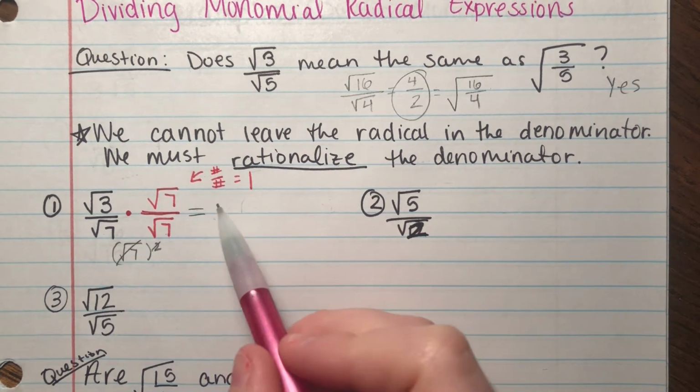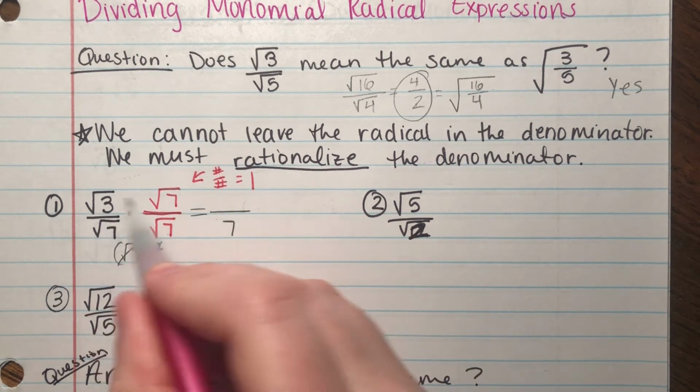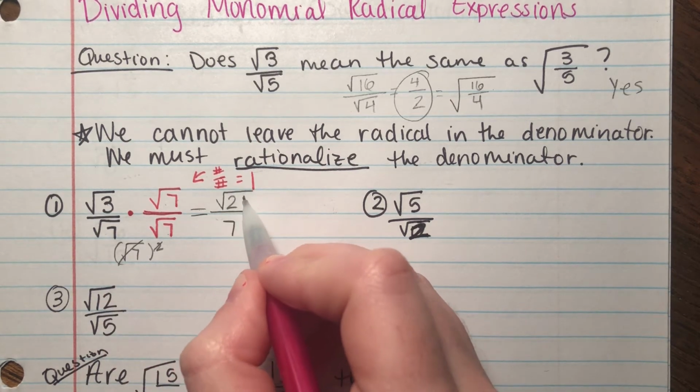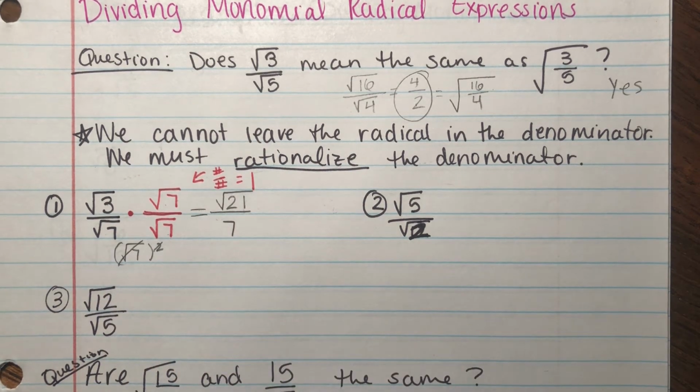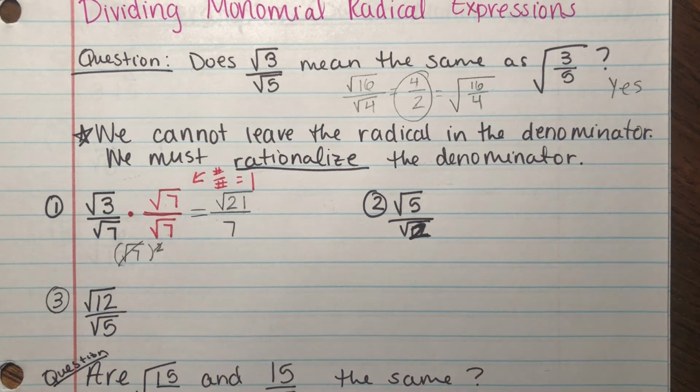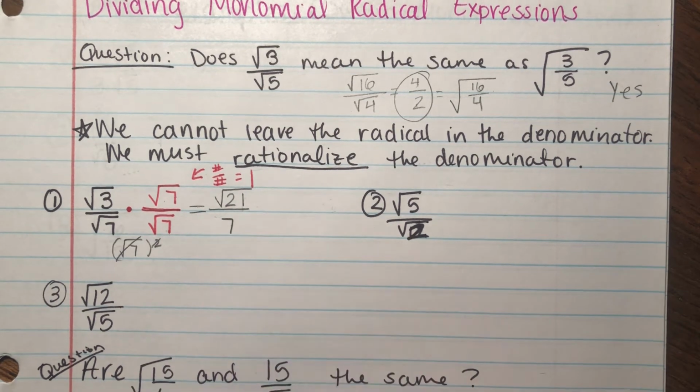Then on top I have the square root of 3 times the square root of 7. It's going to give me the square root of 21. Now I just need to check. Can I simplify it anymore? Are there any factors that I can take out of 21 where one of them is a perfect square? And I can't. So that's going to be my final answer: the square root of 21 over 7.